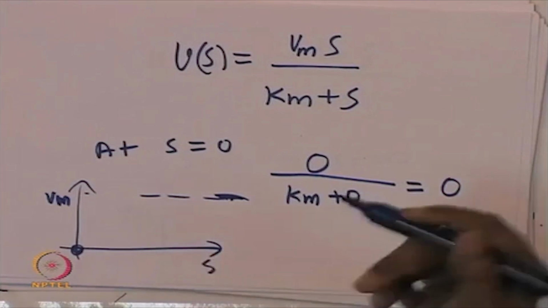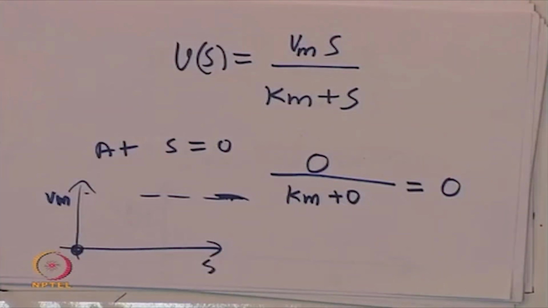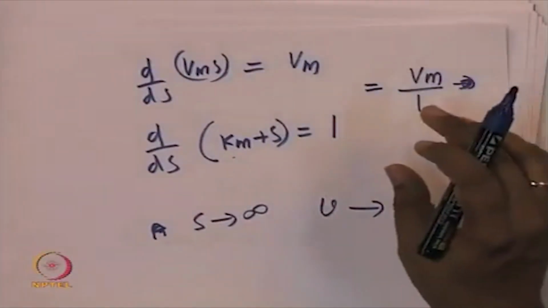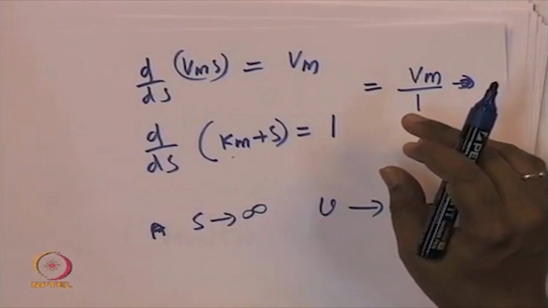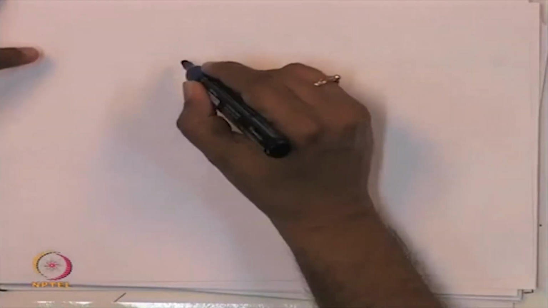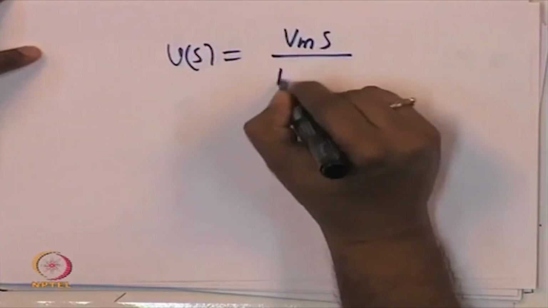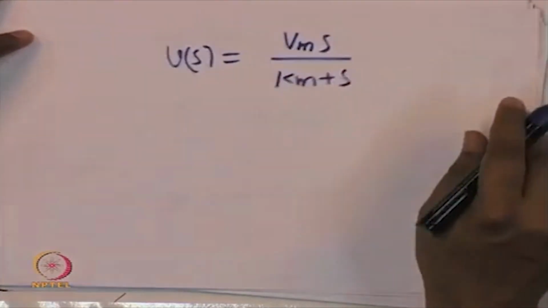The next rule we learned is to find the first derivative and see if there is any maximum or minimum. So, we have to find the derivative of this function, V(s) = Vm s / (Km + s).